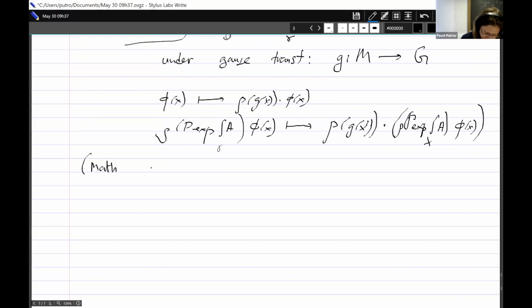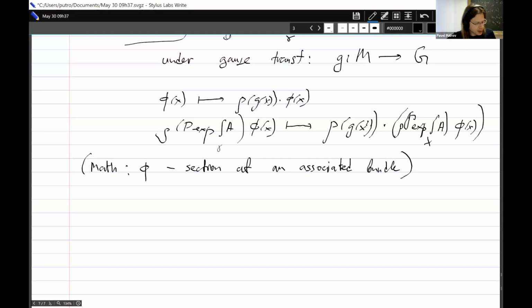So mathematically, our fields can be understood as φ being a section of an associated bundle. If we have a principal bundle and some representation of our structure group G, then we can construct the associated bundle where each fiber forms a representation of this group G.